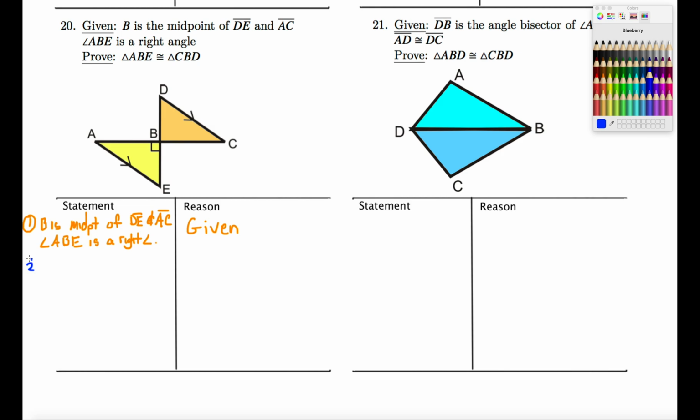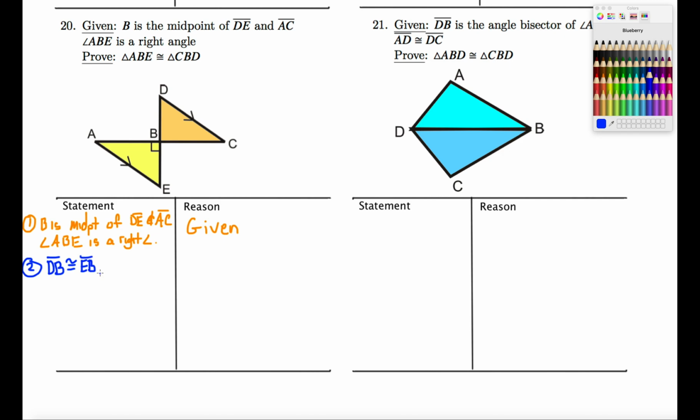Now, so right angles are good. What about the midpoint? B is the midpoint of DE. So doesn't that mean that DB is going to be congruent to EB? And let's just continue.